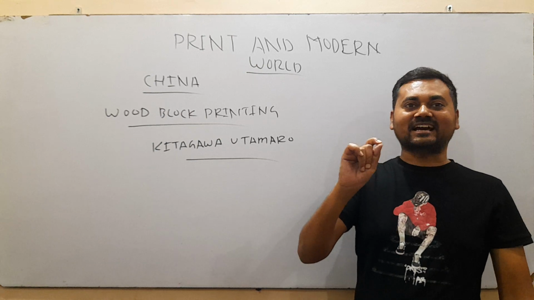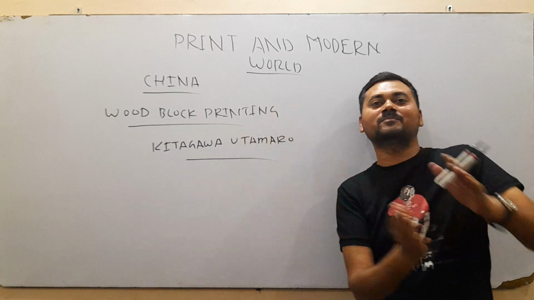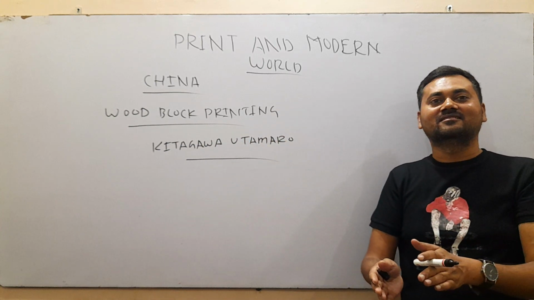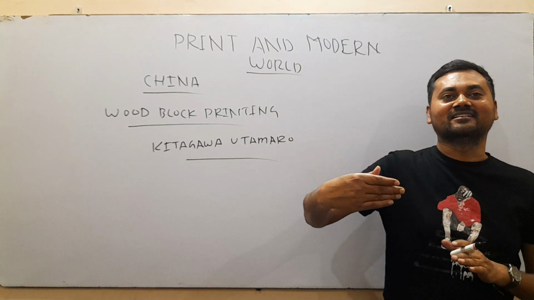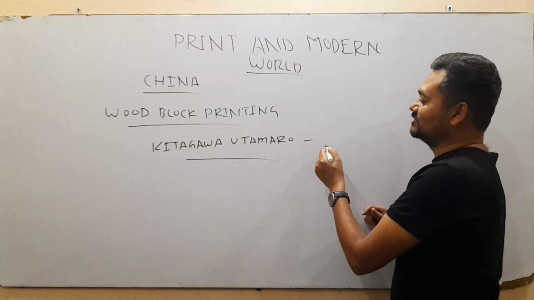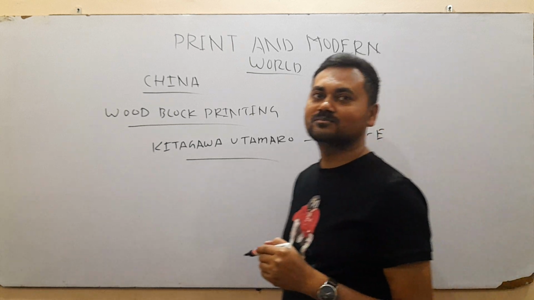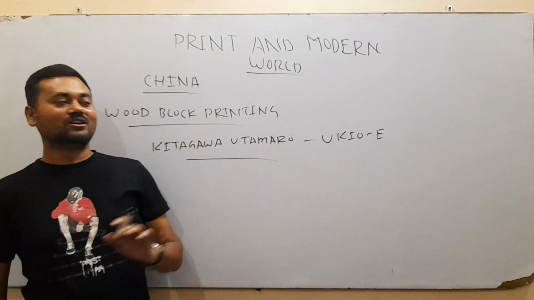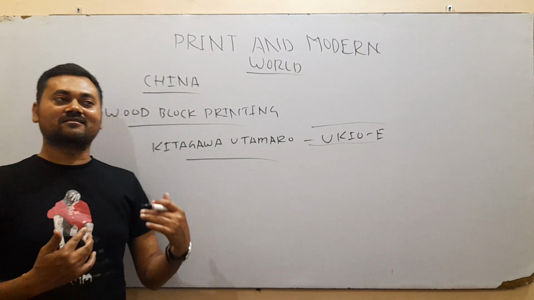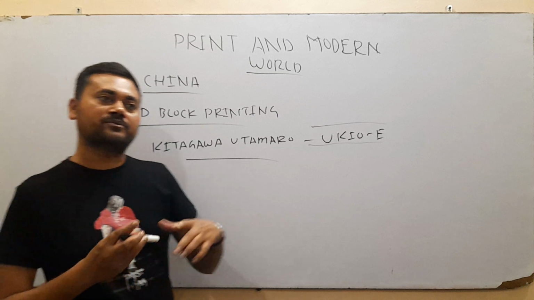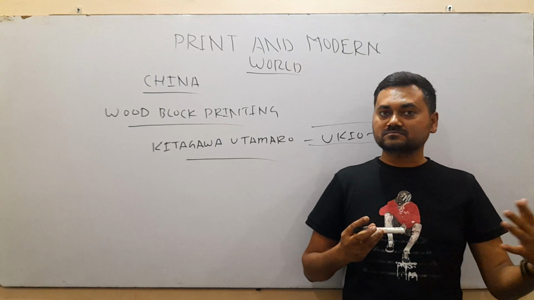Once he started, many people started imitating the style he initiated. That style of painting in Japan is known as ukiyo. Under this ukiyo style, you can find pictures of beautiful women whose heads are comparatively larger in proportion to their bodies.